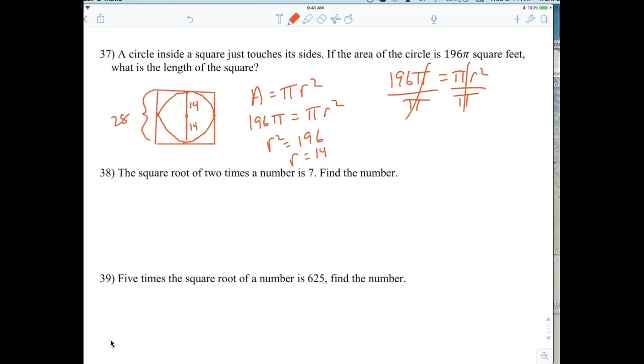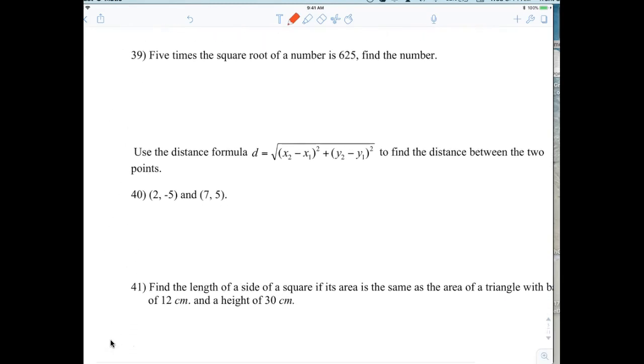All right. So let's look at 39. 5 times the square root of a number is 625. Do I agree with that? Yep, you have to divide by 5. So the square root of x is equal to 125, right?